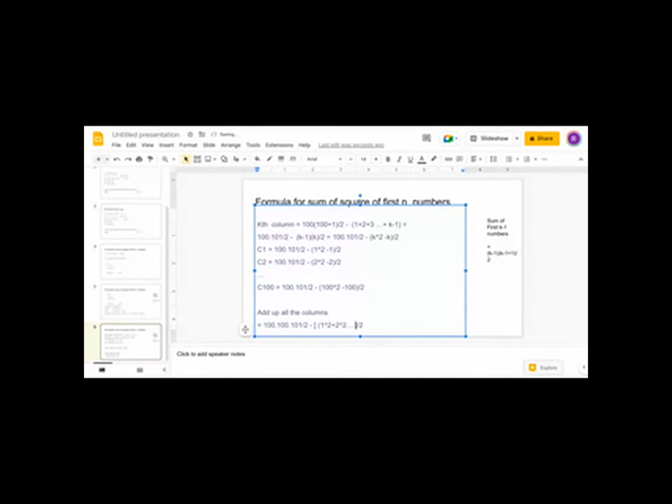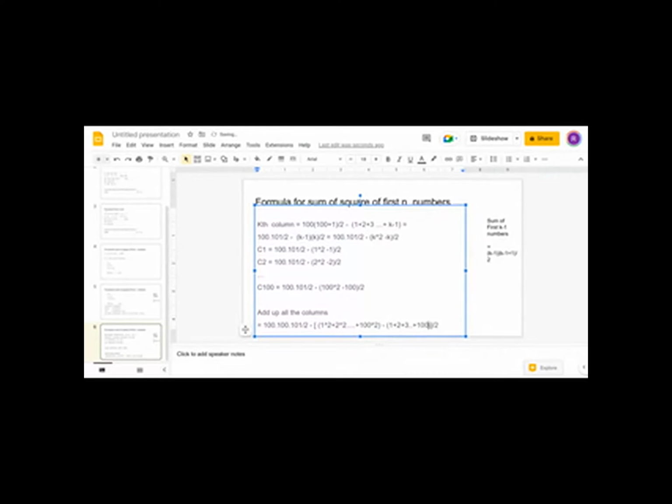So just gathering all the squares, I will get this thing. Minus, which sum should I put? Minus bracket 1 plus 2 plus 3 exactly, till 100.